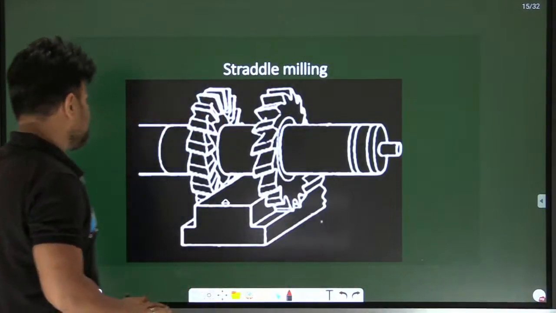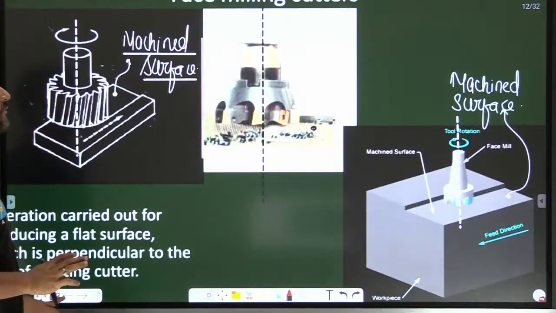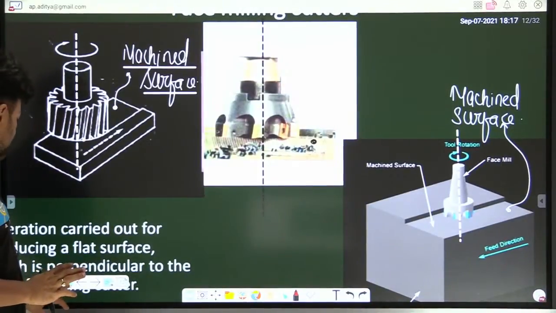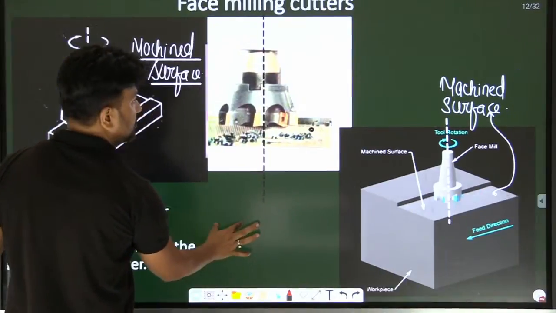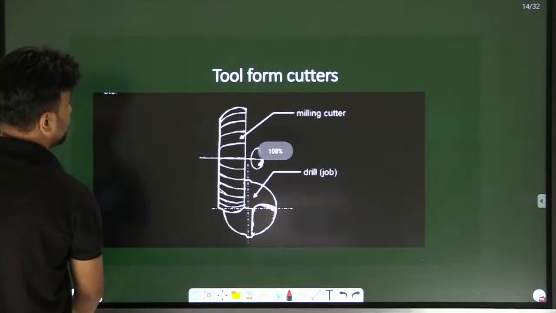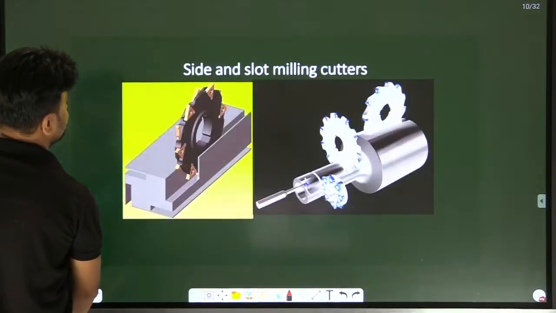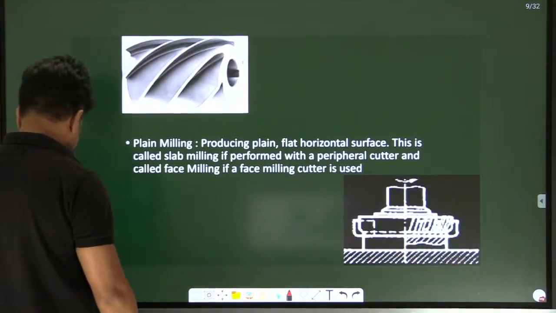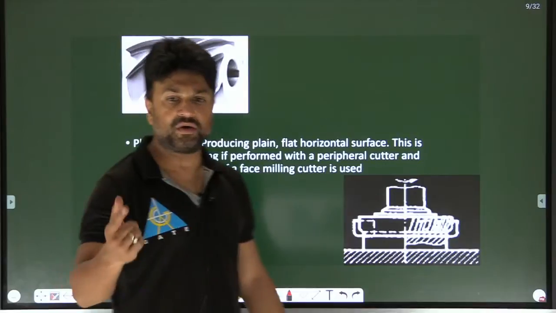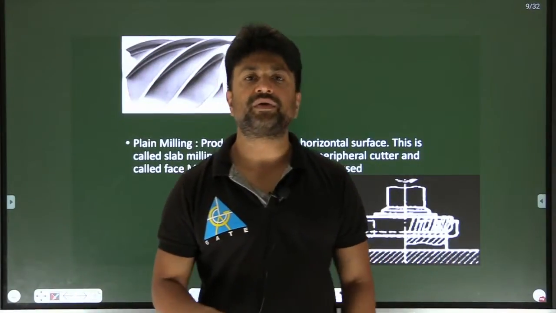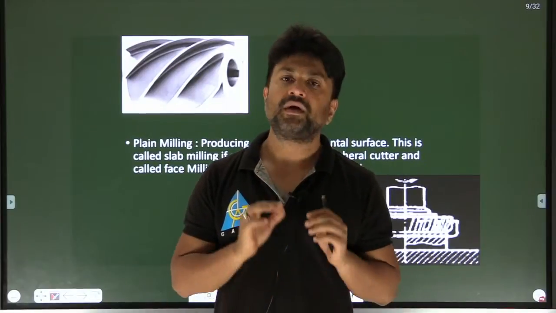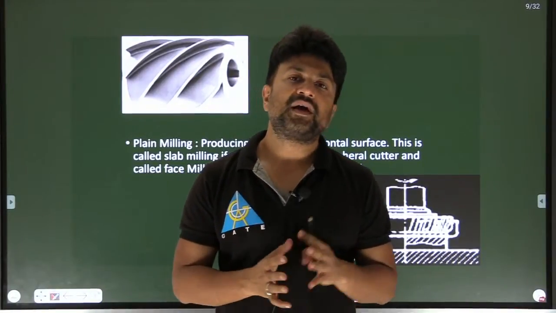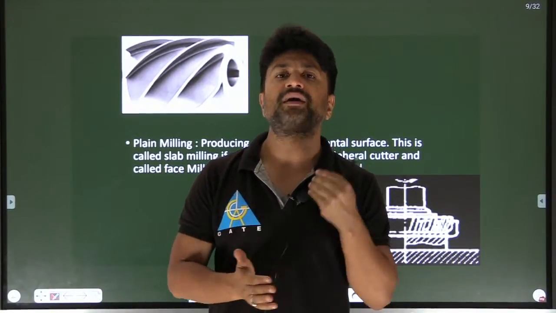Now, all the theoretical points I have mentioned in my notes, you just go through. You will get all the things. Got it? So today I am ending this session here. We will meet tomorrow, and tomorrow we will discuss the remaining machining topics like shaper, planer, slotter and grinding.